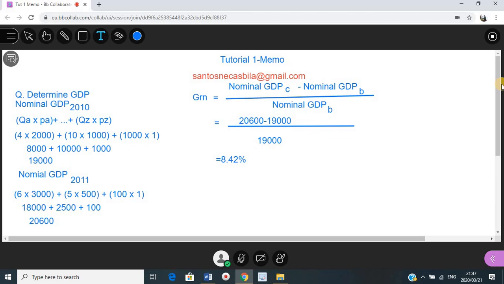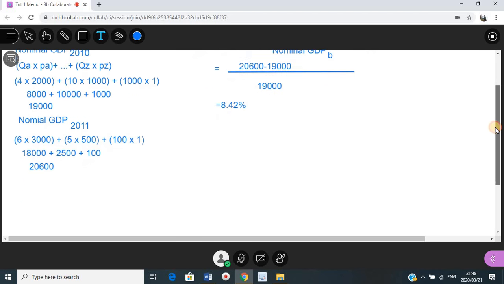However, if we don't have prices, and what we have is just CPIs, we use the same method, but we multiply the nominal GDP by the CPI of the base year and divide it by the CPI of the current year. The base year is not the previous year. It is the year that has been chosen to be used as the reference year. So we fix the prices using that approach.